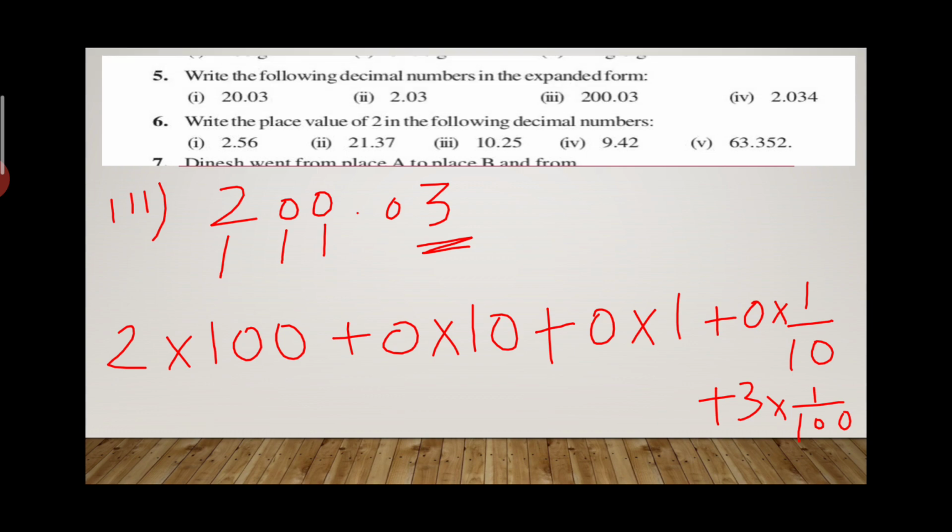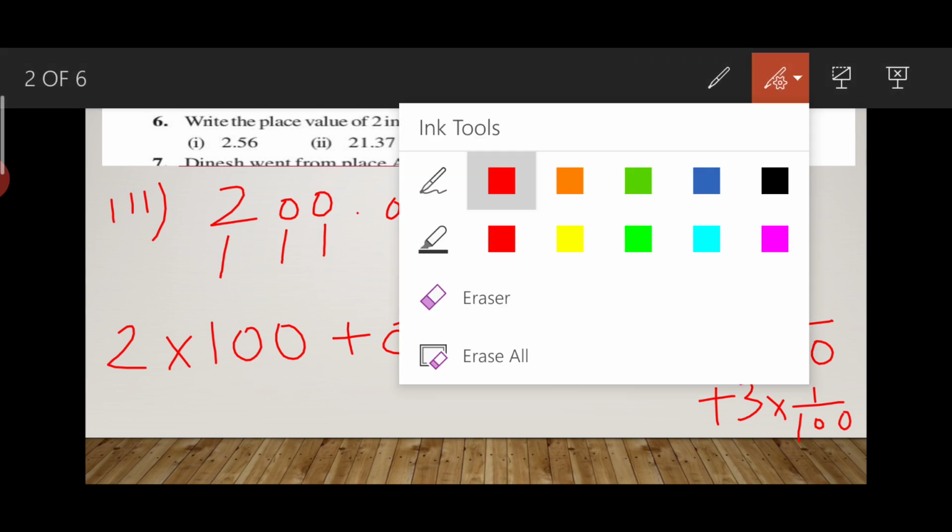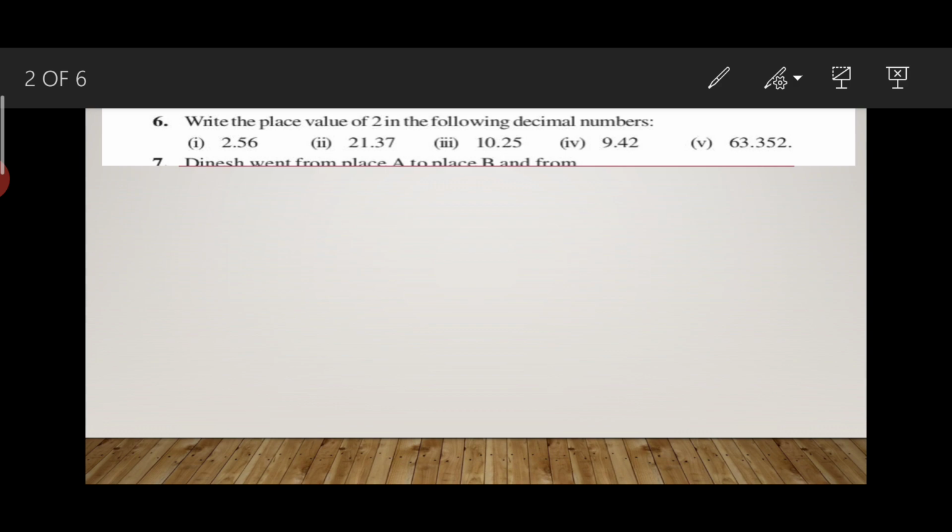Now moving on to question number 6: you have to write the place value of 2 in the following decimal numbers. What you have to do is write the place value of 2. For example, the first part of question number 6 is 2.56.